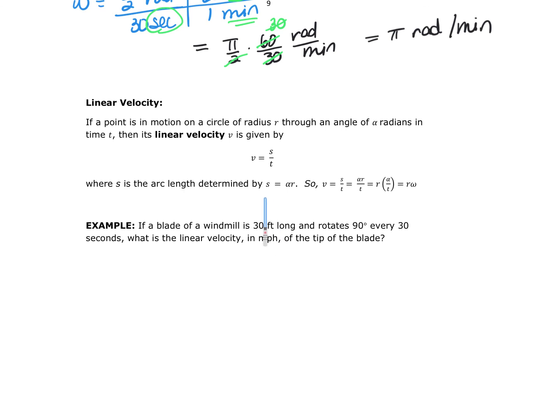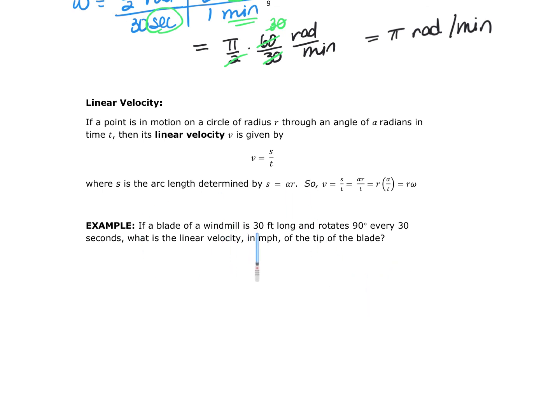But arc length is just my angle in radians multiplied by r. So my velocity is my arc length divided by t, which is just alpha r divided by t, which is just r multiplied by alpha divided by t, which is just r times omega. This is the best ever.